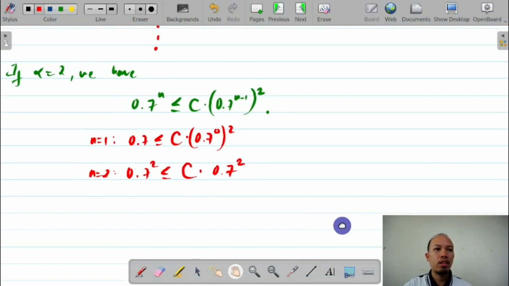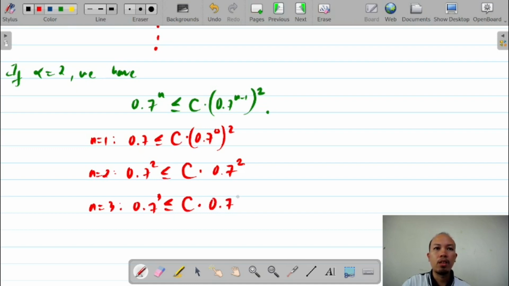Let's try some more, like n is equal to 3: 0.7 cubed less than c times 0.7 to the power of 4, because 3 minus 1 is 2, times 2 is 4.